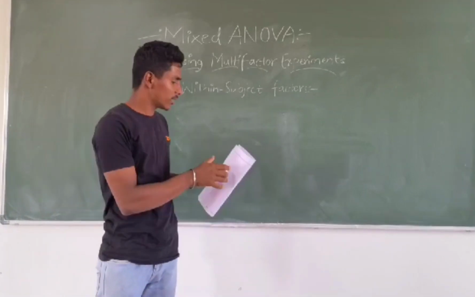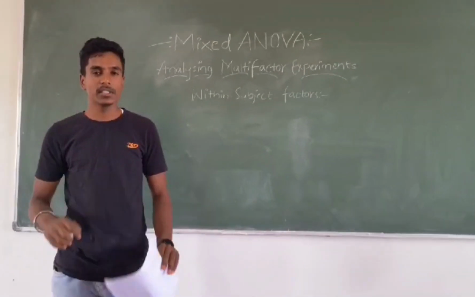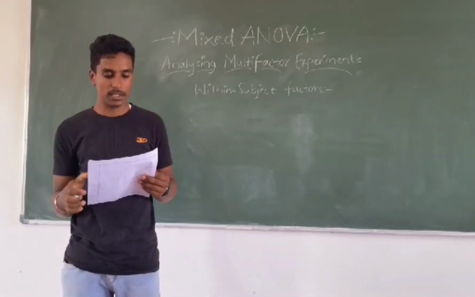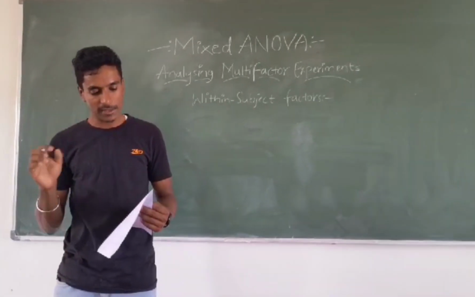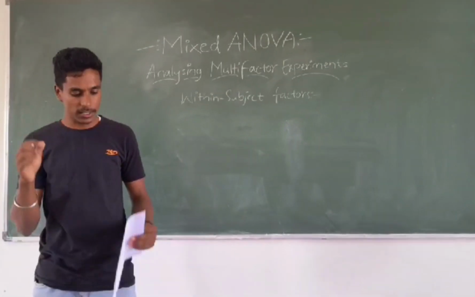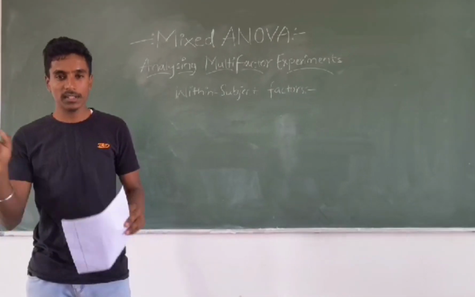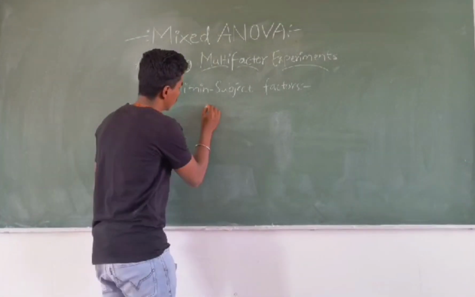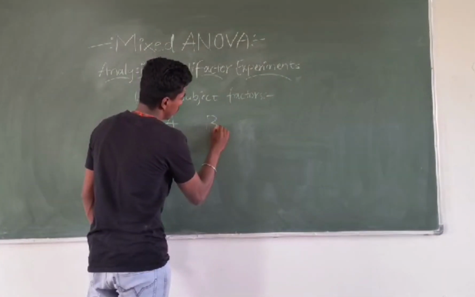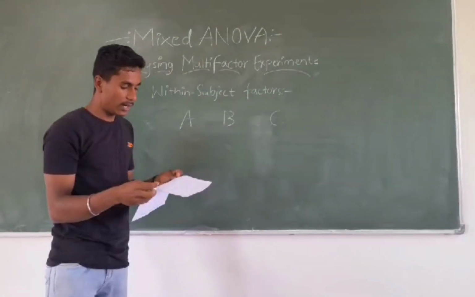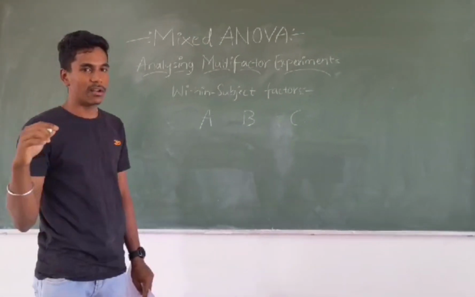About the within subjects factor. The within subjects factor is a variable that is measured repeatedly on the same subject across different conditions or time points. For example, if we are studying a diet, we would like to compare three diets A, B, and C. We have 18 participants, which are also called subjects.